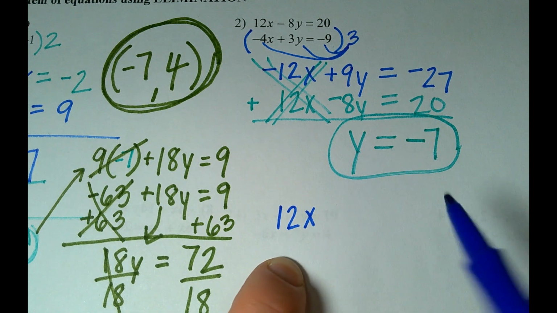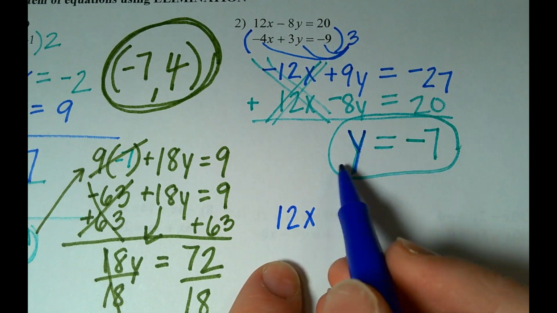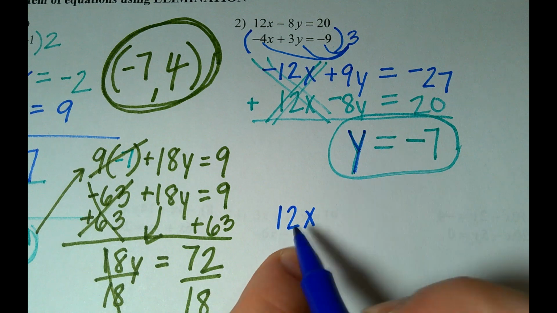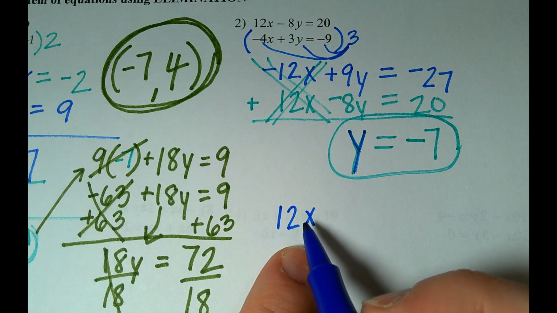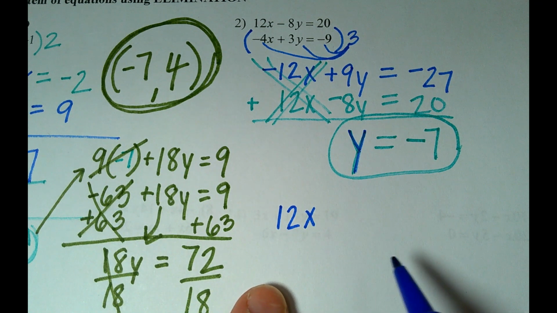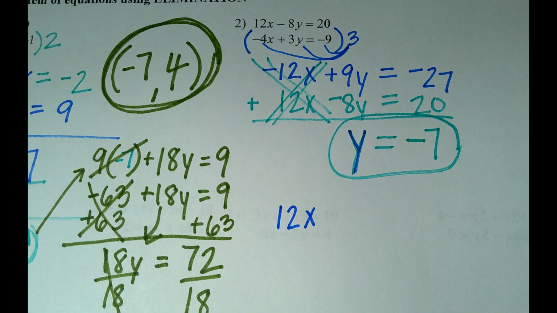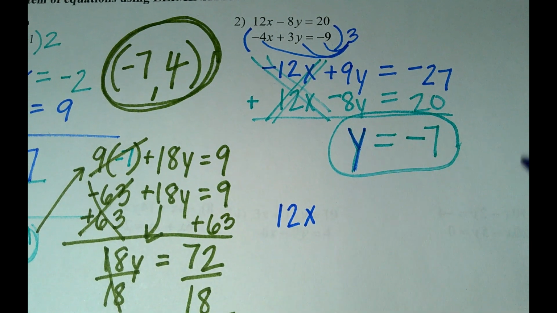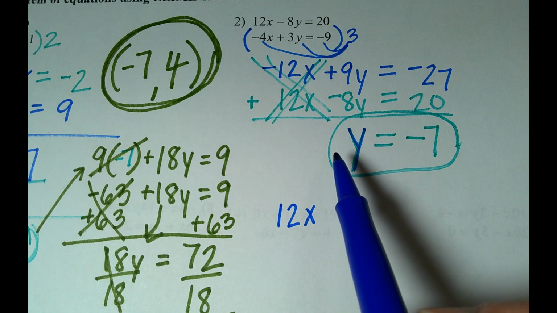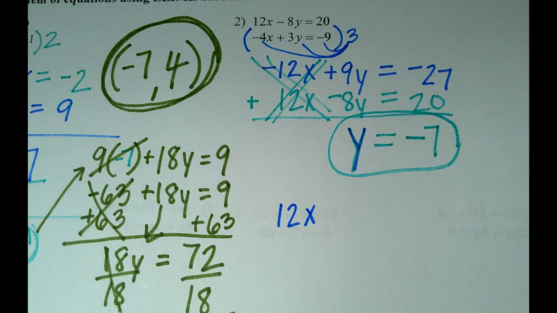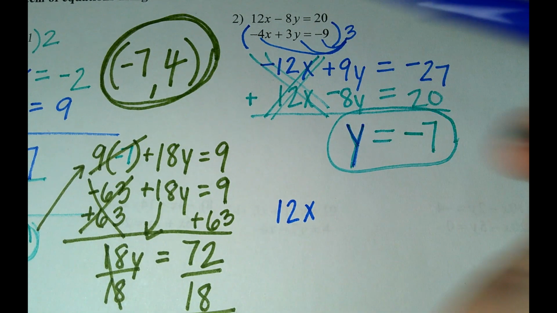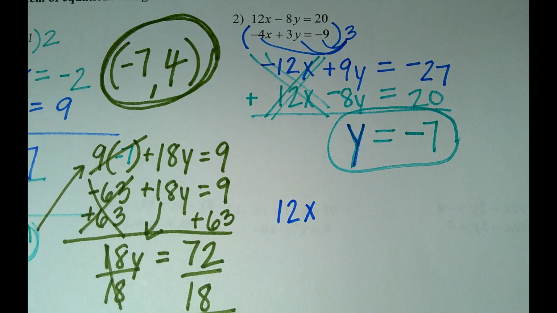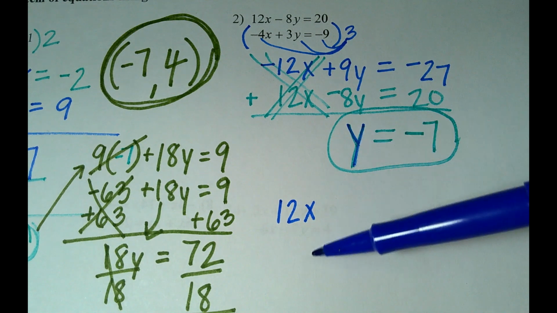Because I solved for y, if I put negative 7 in for x and try to solve for y again, I'm going to get a wrong answer. We're only going to put it into whatever value we just solved for. Between the two equations, though, I can use either one.